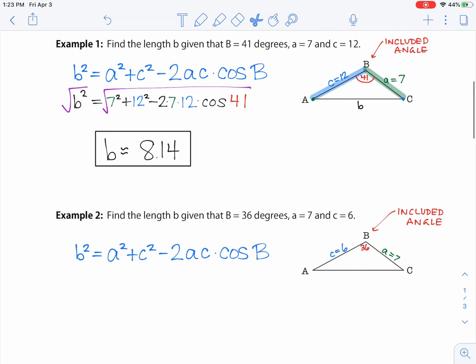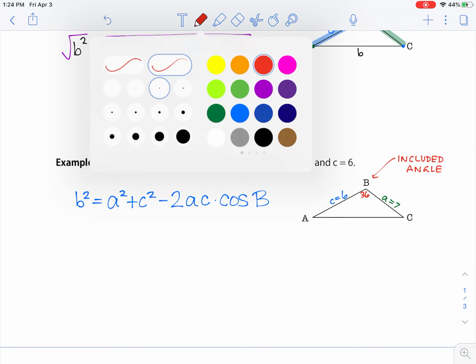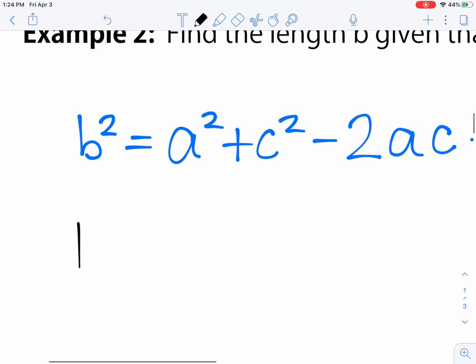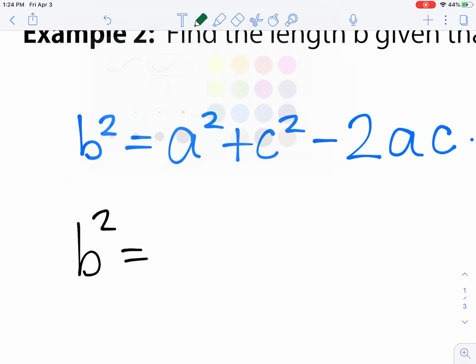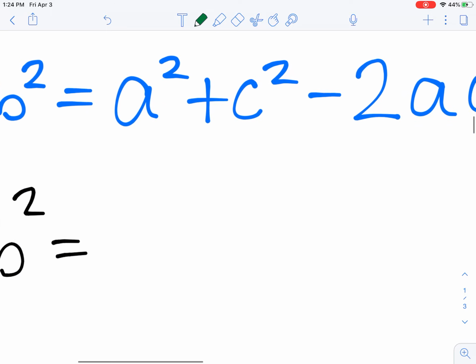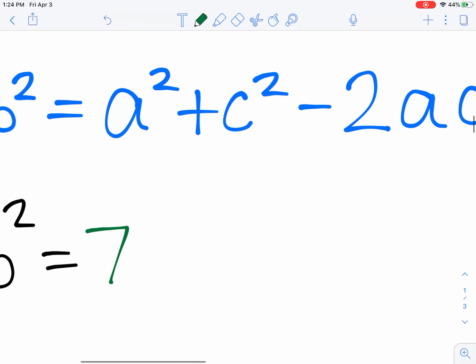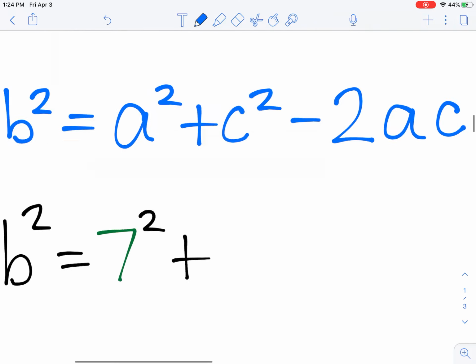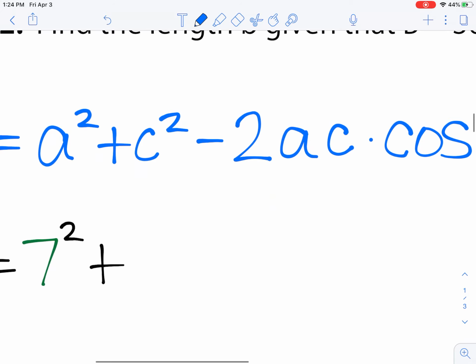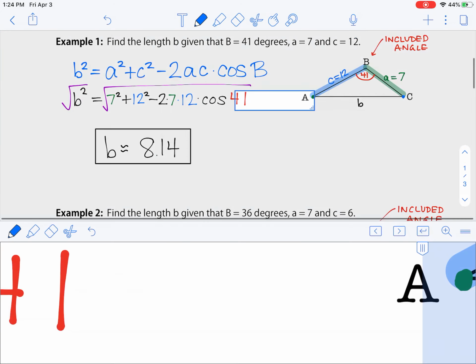And now we need to substitute. We're trying to find B. So B squared equals A, which in this particular case is 7. Plus C, which for this problem is 6.